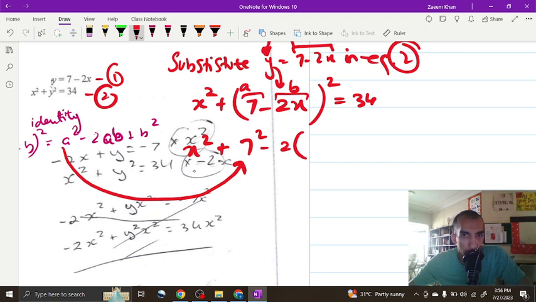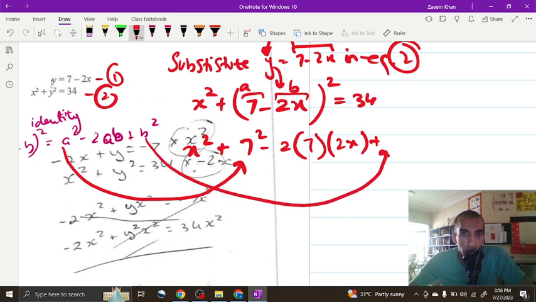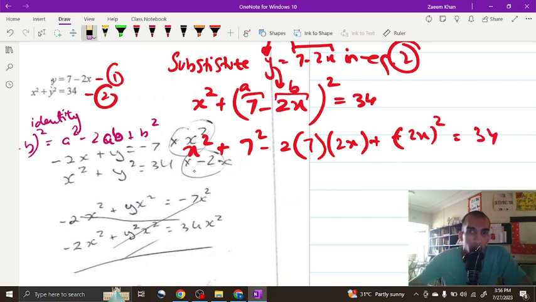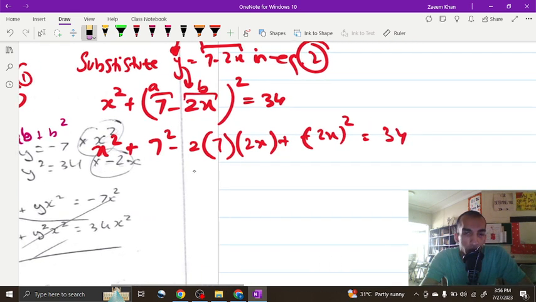Just 7. What's your value of B? Just 2x. Now we're supposed to take the square of B, 2x squared, is equal to 34. Would you be able to solve this, or should I complete this?